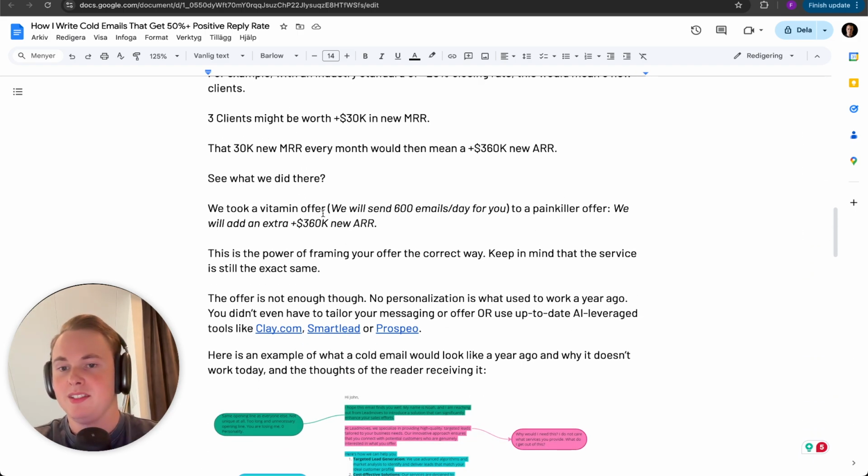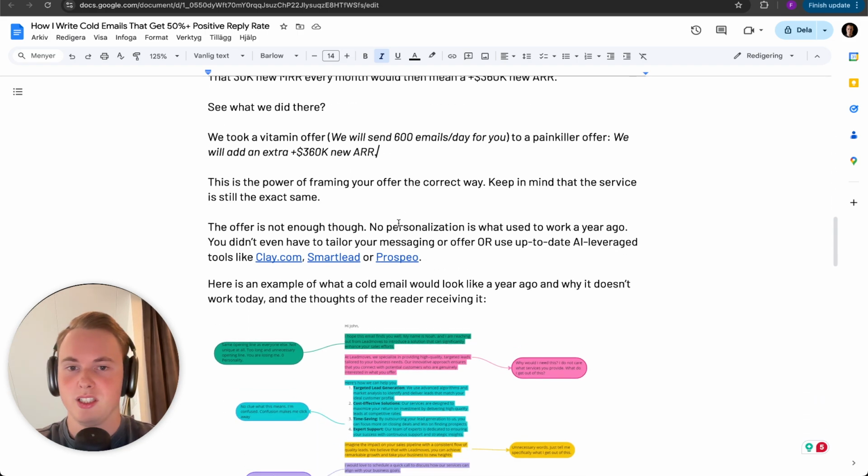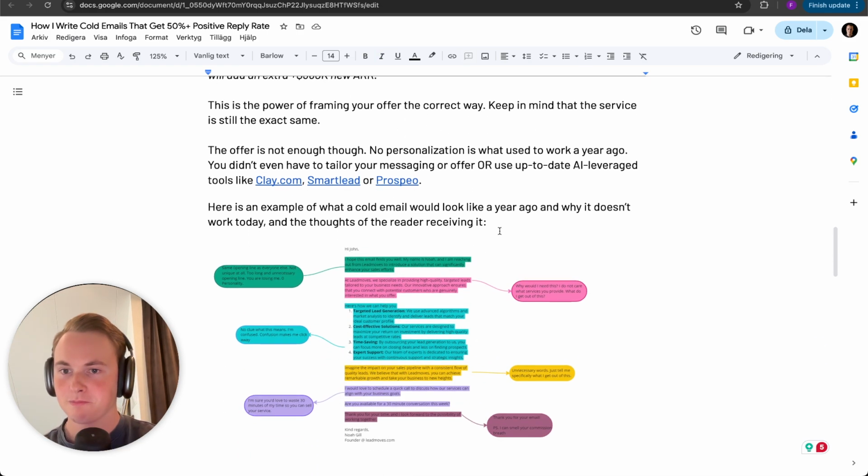It was a great example of sending 600 emails a day. We framed that from a vitamin offer to a clear painkiller offer to, we will add an extra 360k new ARR. But again, you want to add a unique mechanism and actually explain it to your prospect so it makes sense. So the prospect goes, "Oh, well, yeah, that actually makes sense." That's the power of framing your offer the correct way.